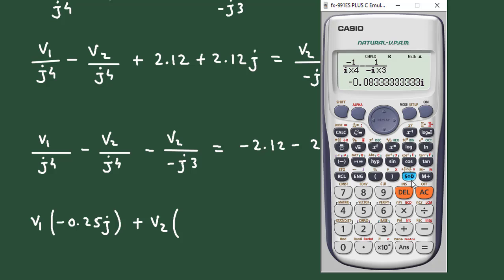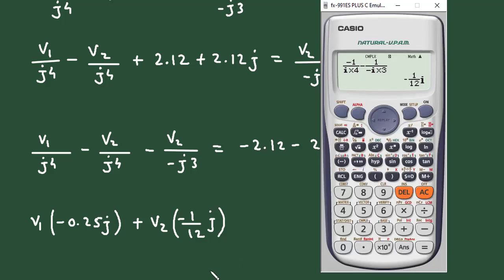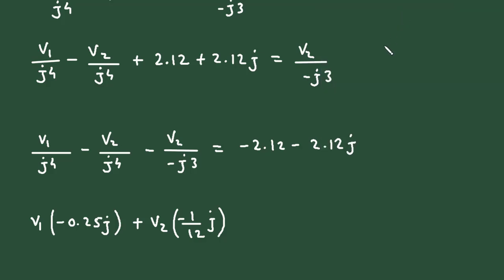So it is minus 1 by 12 J, it is equal to minus 2.12 minus 2.12 J. Now let's assume this as equation number 2.